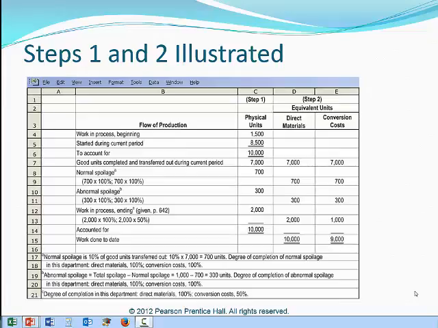Therefore, those 7,000 units that were completed and transferred out will, of course, be given 100% of their direct materials, because for those work in process beginning units, their direct materials were given to them in the prior period, and for the additional 5,500 units that were completed and transferred out, they too have been given their 100% of direct materials.